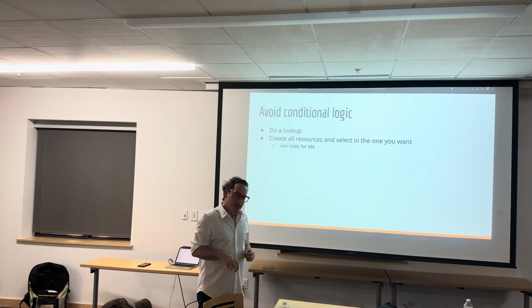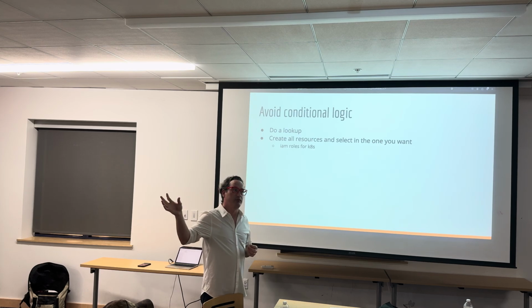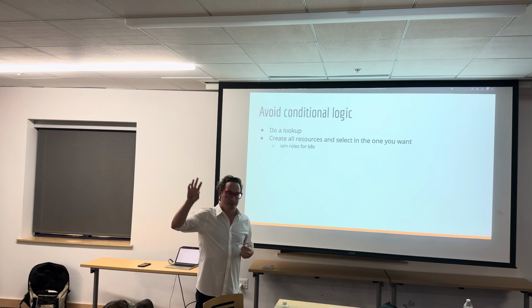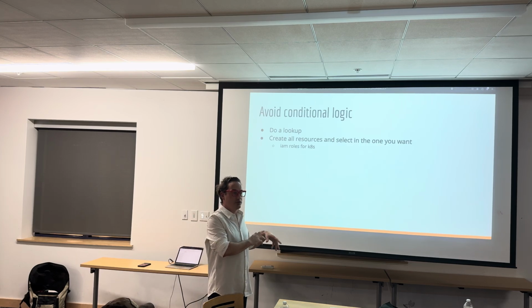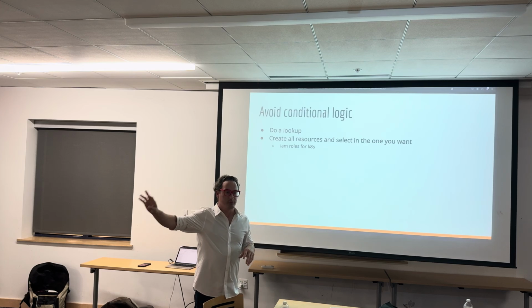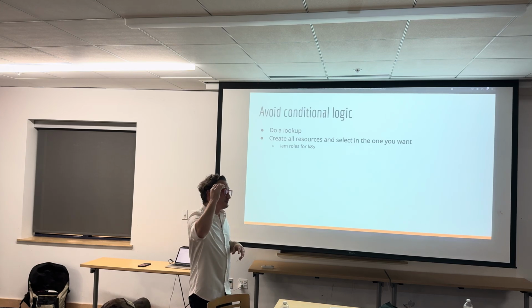I did this at a place where we were doing blue-green for Kubernetes clusters, when we did the upgrades at least. But we still had a lot of our projects set up by resource type. So where the Kubernetes cluster was blue-green, the IAM role was in a different project and was kind of static.